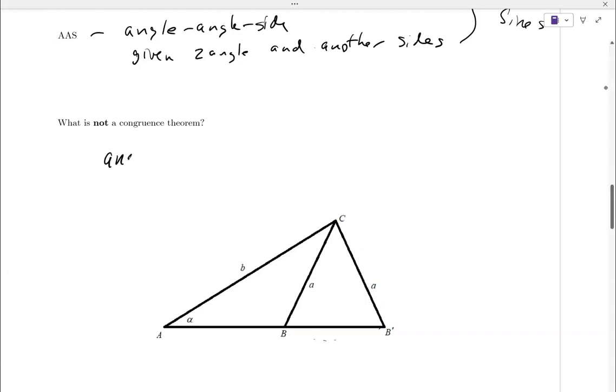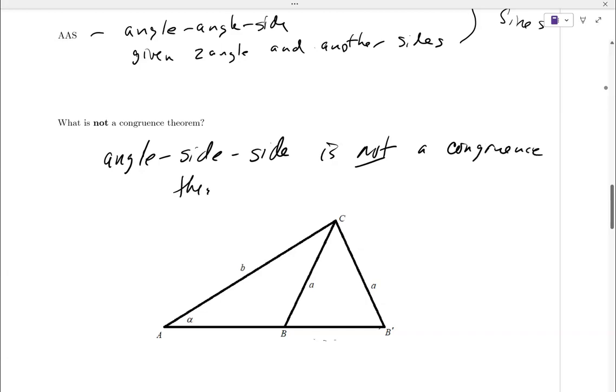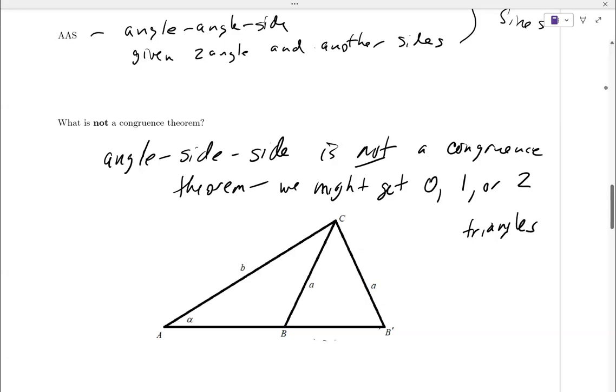Again, angle side side is not a congruence theorem. We might get 0, 1, or 2 triangles.